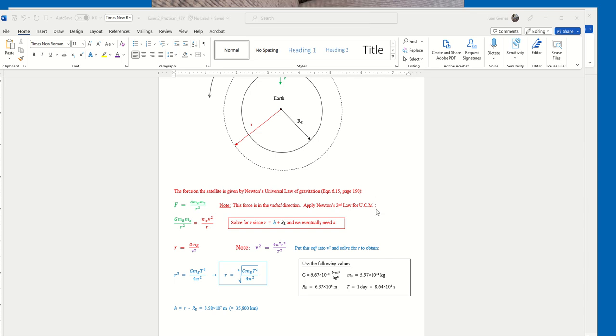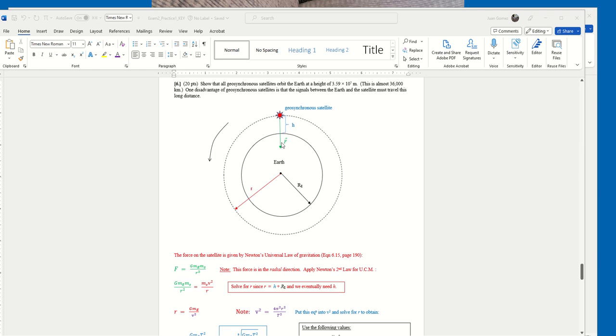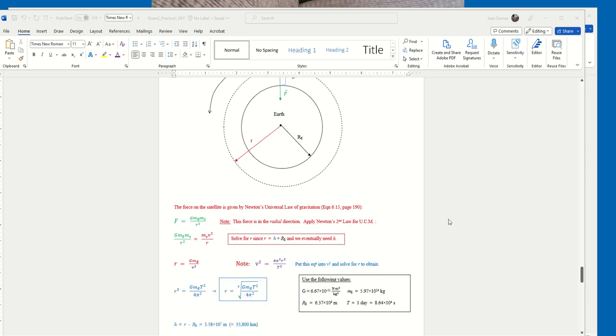So let me go ahead and solve this video. Really, we're saying that this radial force, this centripetal force, is G m_e m_s over r squared. Newton's second law for UCM says the sum of the radial forces, of which there's just the one, is equal to m v squared over r, where m is the mass of the satellite, because the satellite is what's undergoing the UCM.